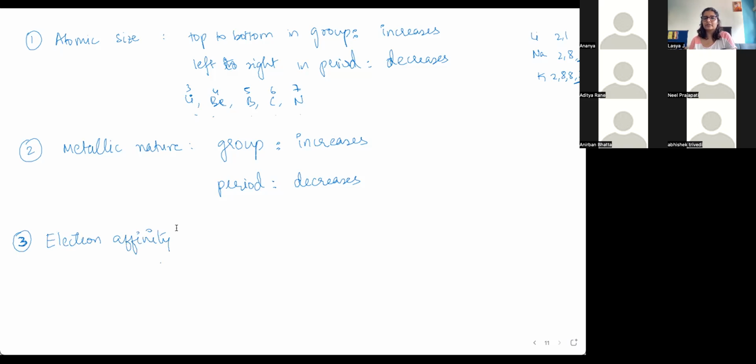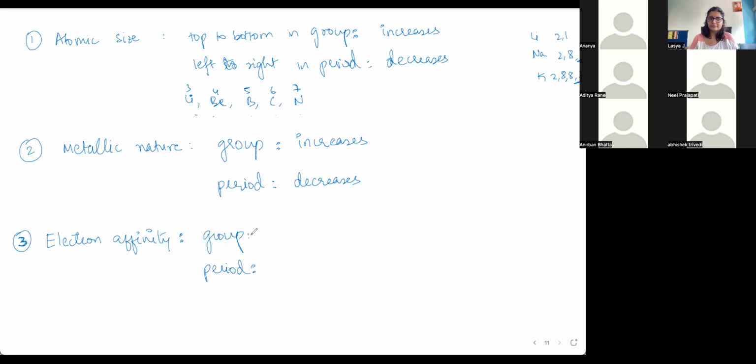Alright, what will electron affinity be from top to bottom in a group? Come on guys, what happens to the electron affinity as you go from top to bottom? Remains the same, right?